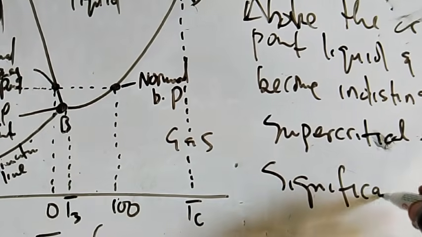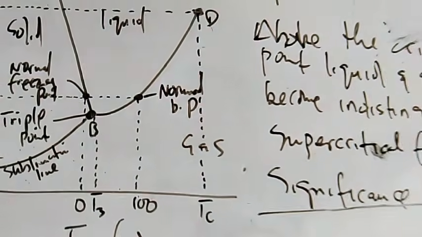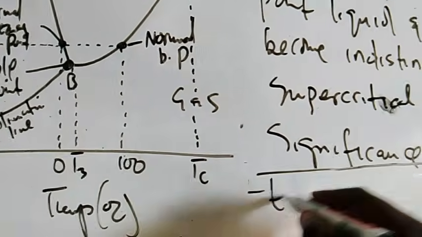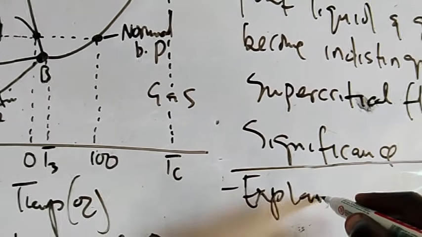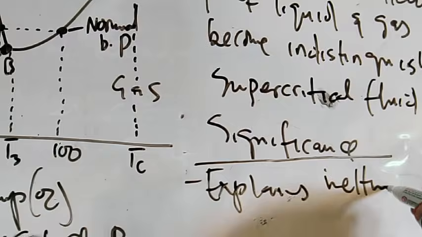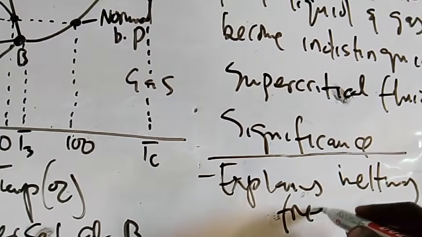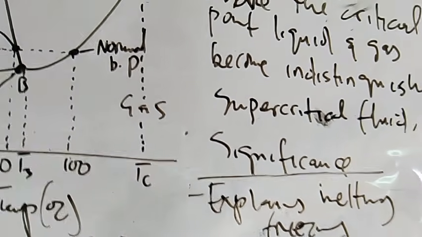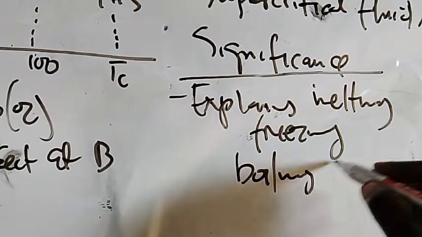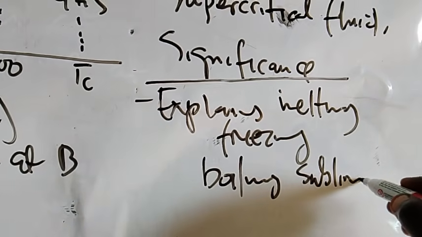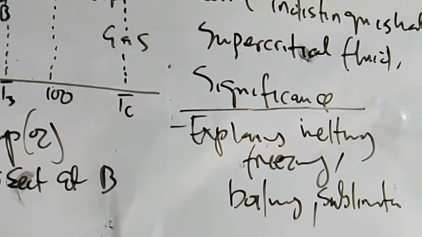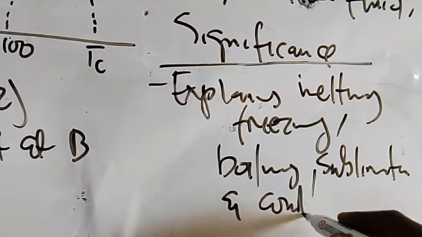Significance. What is its significance? Okay, so the phase diagram explains melting, freezing, boiling, sublimation, and condensation.